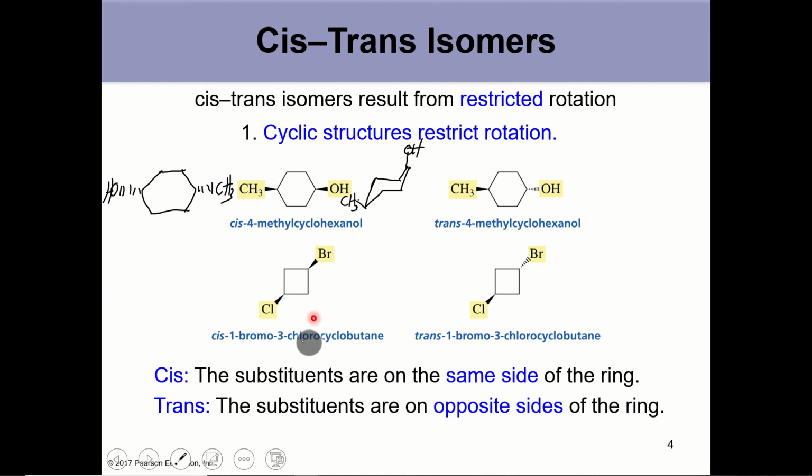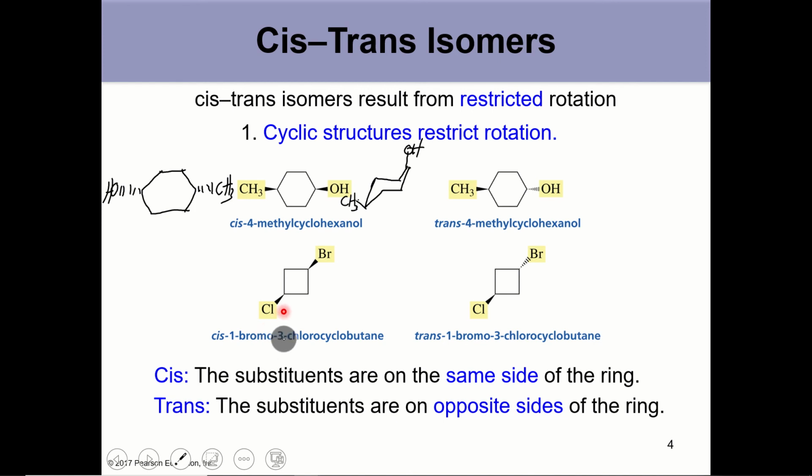cis isomers are always going to be superimposable, but they will only be superimposable if the two substituents are identical. Remember when we looked at the 1-bromo-2-chlorocyclopropane, and it had zero rotational axes and zero mirror planes.